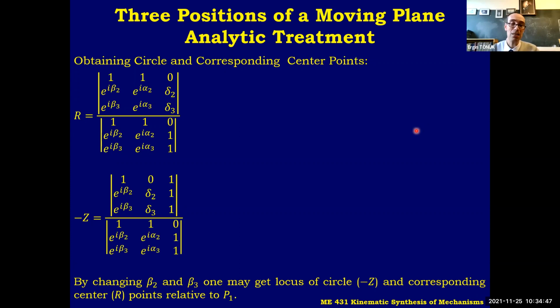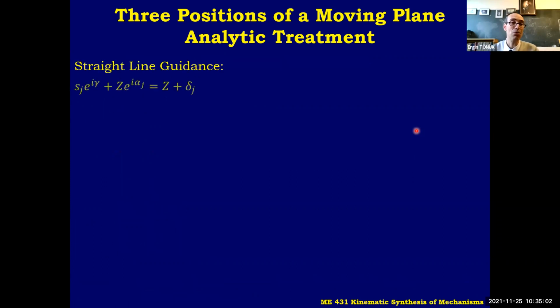We can utilize this, or we can try to derive another set of dyad equations. Actually, this time we will derive another set of dyad equations. This is called straight line guidance.